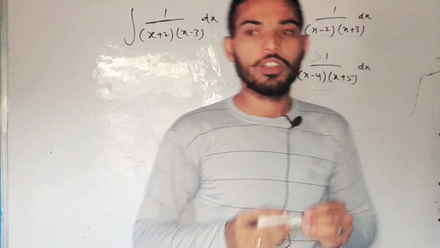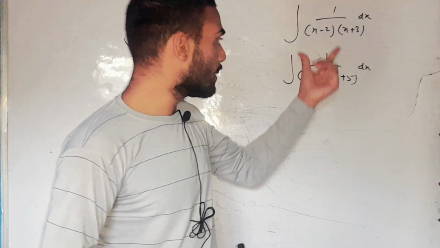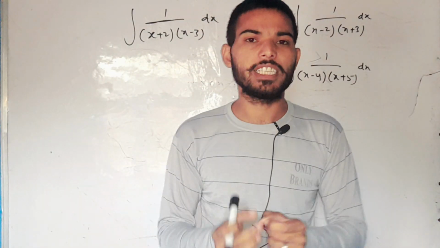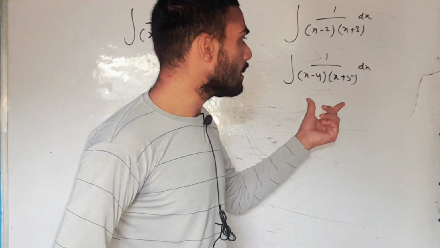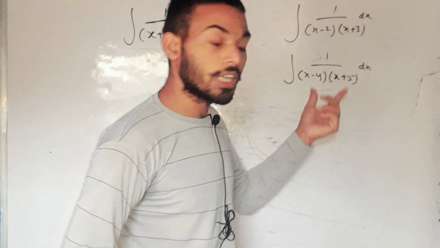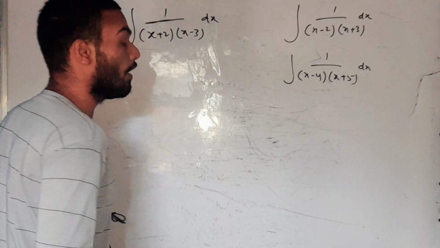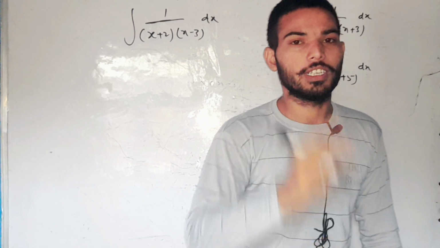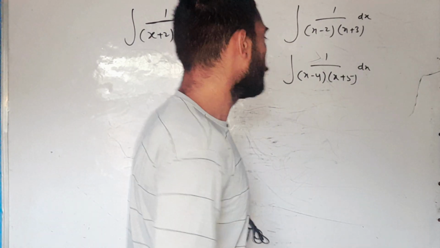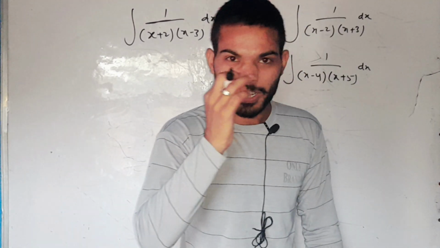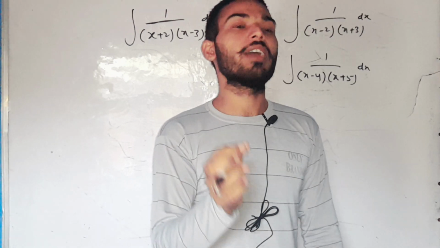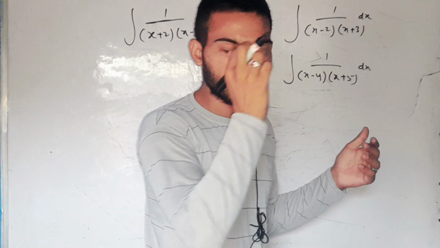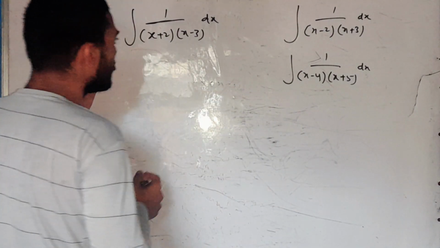These formats take a lot of time, but we are discussing a very special trick for these questions, and we can solve them within 2 seconds. You only take the time for writing, not for thinking. So what is the trick?